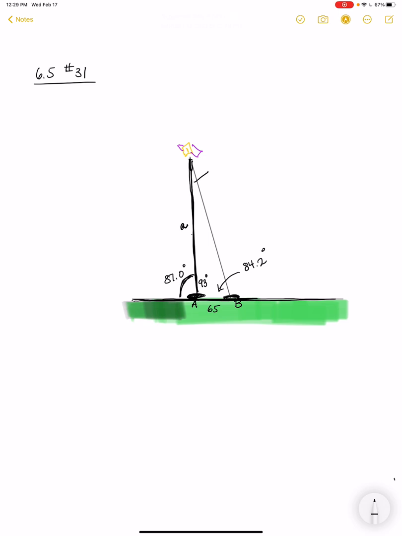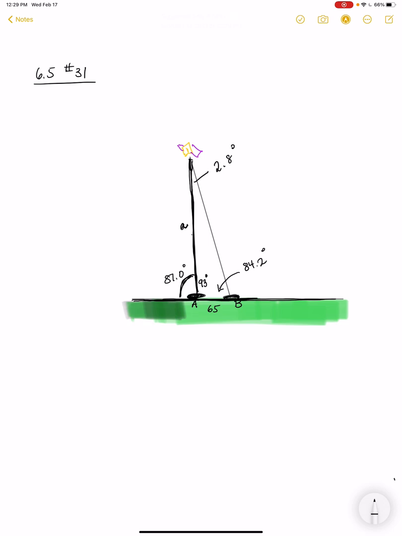So we've got 180 minus 93 minus 84.2. All right, so this itty bitty angle up here is 2.8 degrees.